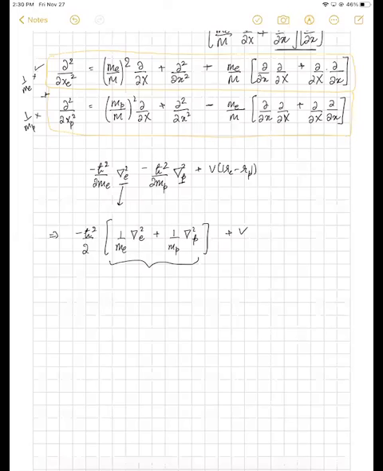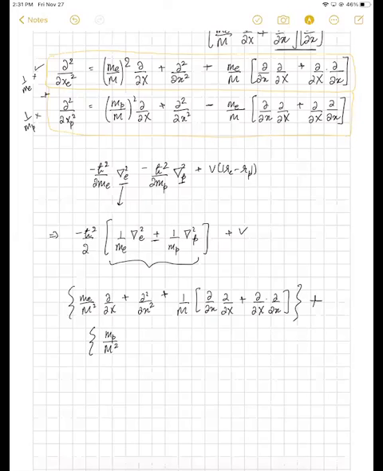So we're going to have mp by capital M squared del x, plus 1 by m, plus, because we're adding these two terms together here, we're going to have mp by m squared, minus m here.